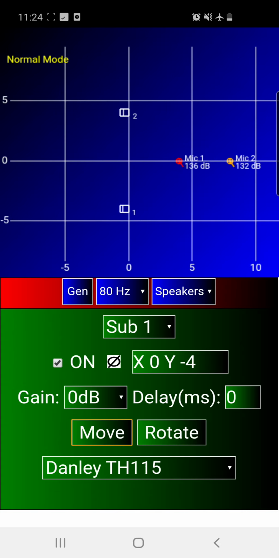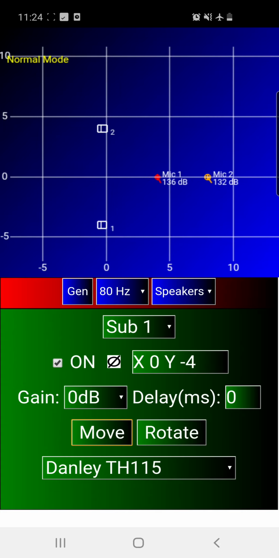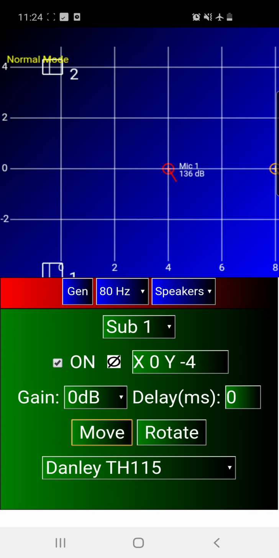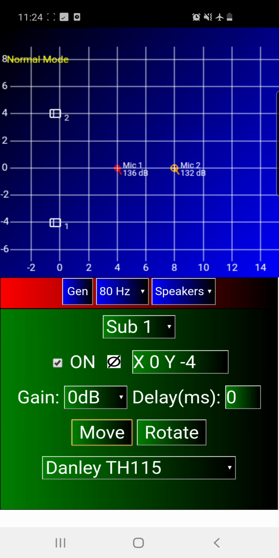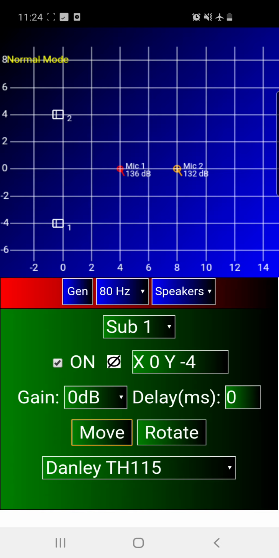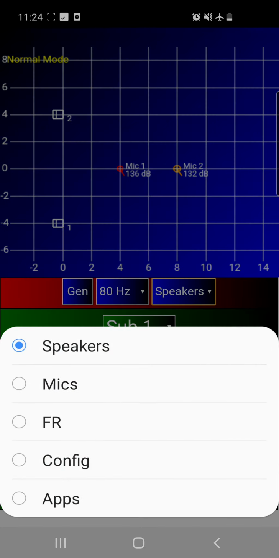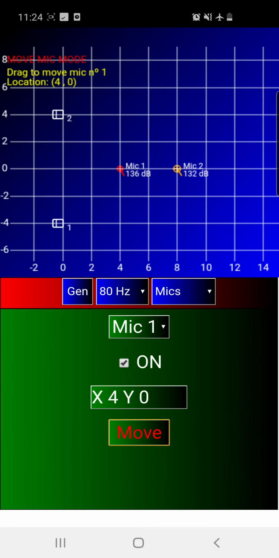So this right will be the stage in between the two speakers, the two subwoofers, and we see that the 0 line where the mics are located is the central line. And as we know, here in the central line we have no comb filtering, right?